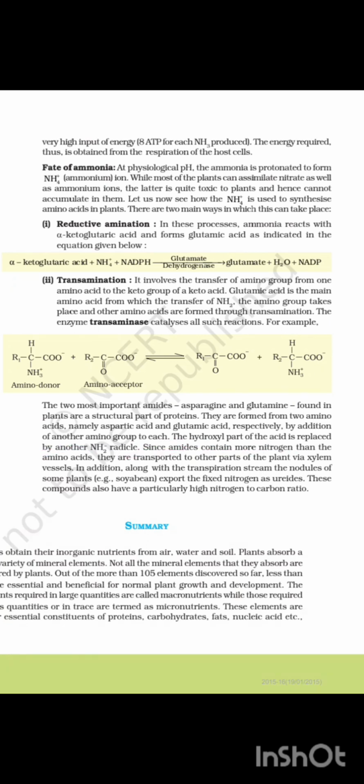Since amides contain more nitrogen than the amino acids, they are transported to other parts of the plant via xylem vessels along with the transpiration stream. The nodules of some plants, for example soybean, export the fixed nitrogen as ureides. These compounds also have a particularly high nitrogen to carbon ratio.